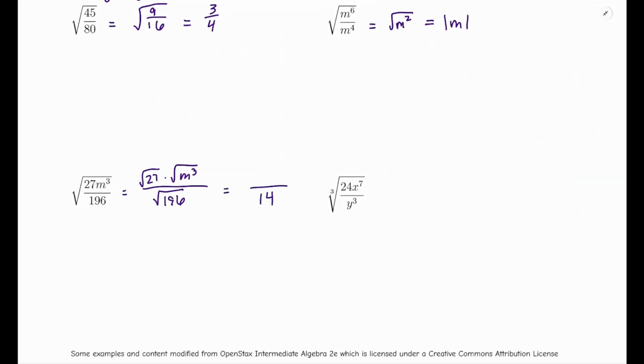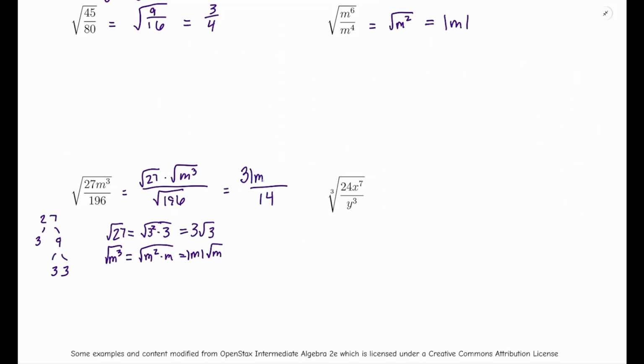Now the 27 is 3 and 9, which is 3 and 3. So the square root of 27 is equal to the square root of 3 squared times 3, which is 3 times the square root of 3. And then the square root of m cubed is the square root of m squared times m, which is the absolute value of m, times the square root of m. And when I combine those together, my numerator becomes 3 absolute value of m square root of 3m.